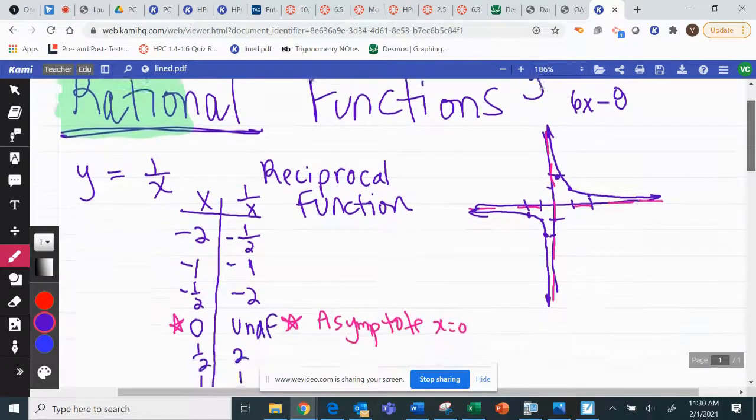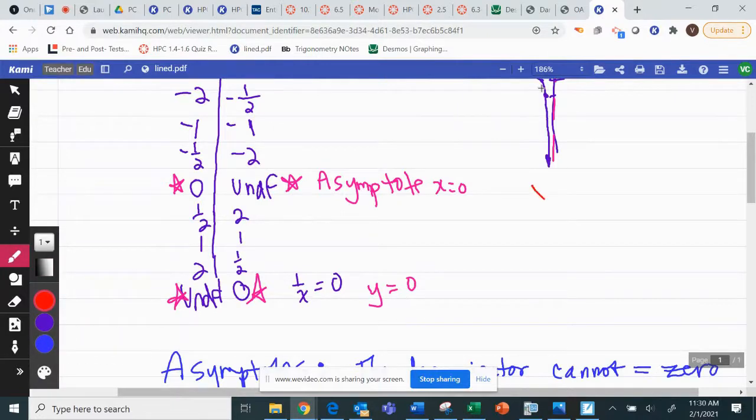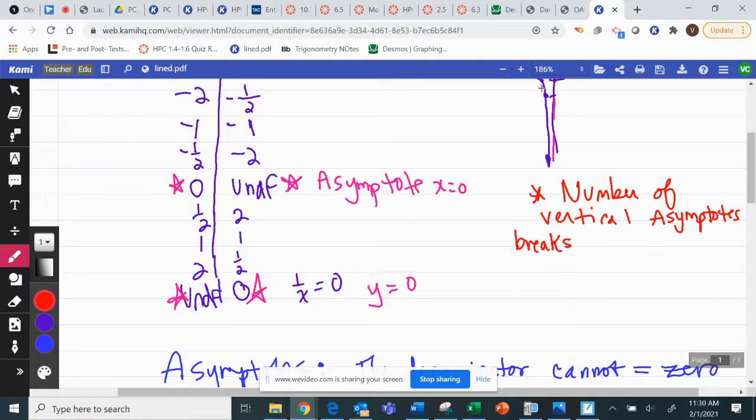Oh, by the way, one more thing before we go there. The number of vertical asymptotes breaks apart the graph into separate branches.